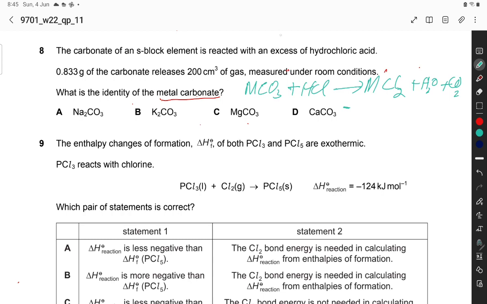This is another reaction. This is group 2. Two options from group 2 metal carbonates and two options from group 1 carbonate. So we know that 0.833 gram producing 200 centimeter cube. Let's find out the mole of carbon dioxide and then mass.